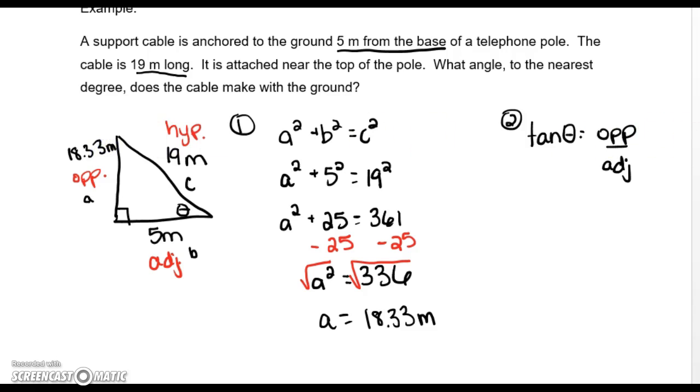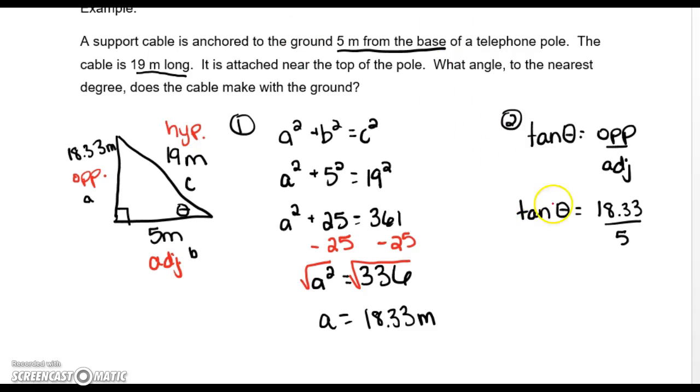So now we found that missing bit of information, and now we can go ahead and use that tangent ratio. So here we have tan of theta is equal to the length of your opposite side, so 18.33, divided by your adjacent, which is 5. Then we want to get this angle theta by itself, so we need to get rid of tan.